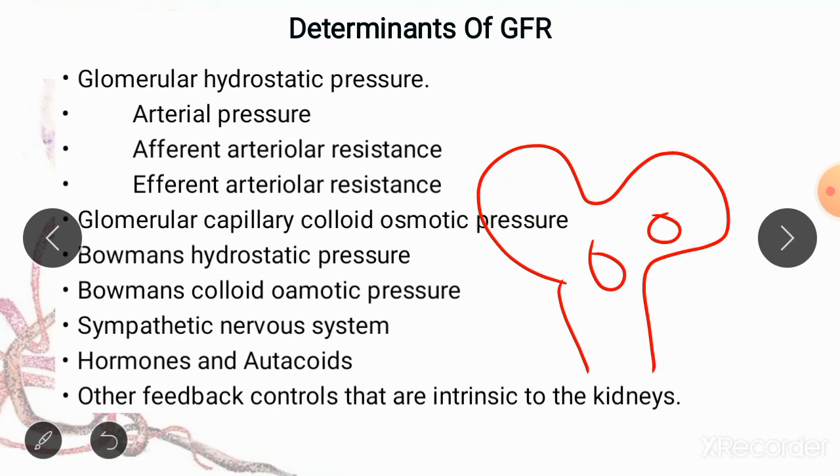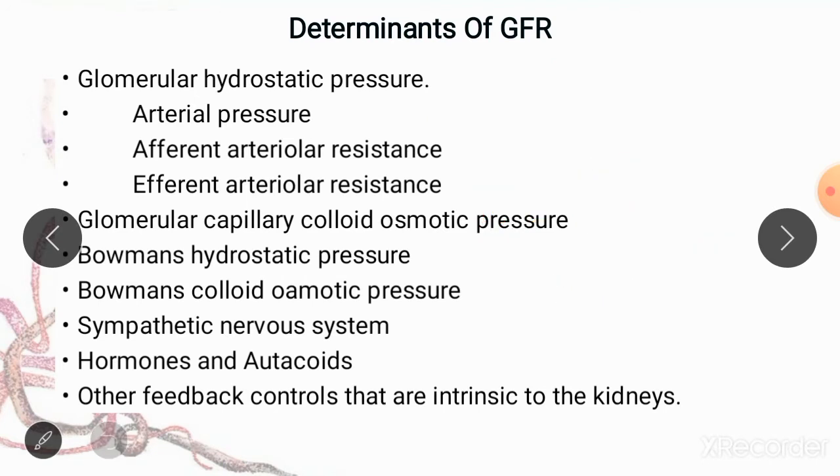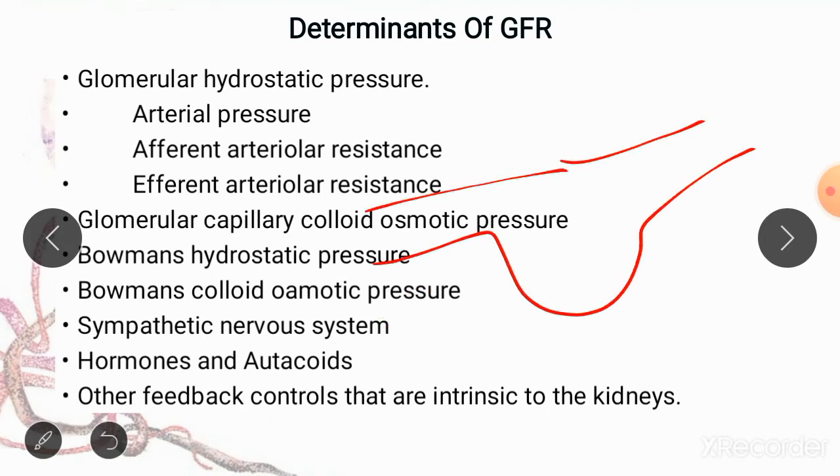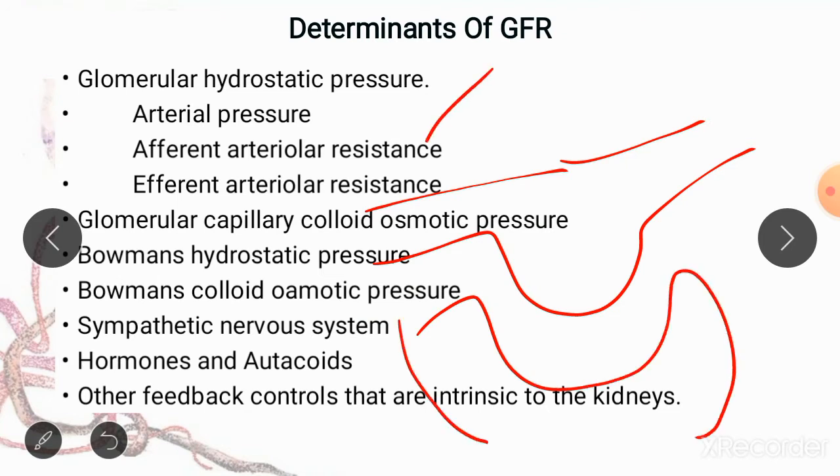Then, as I already mentioned, the sympathetic nervous system is also involved in determining your GFR. Your sympathetic hormones, such as epinephrine and norepinephrine, act on your afferent arteriole and constrict it, reducing the blood flow to the glomerulus and decreasing GFR.